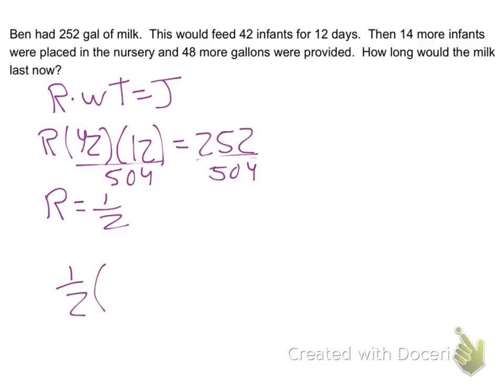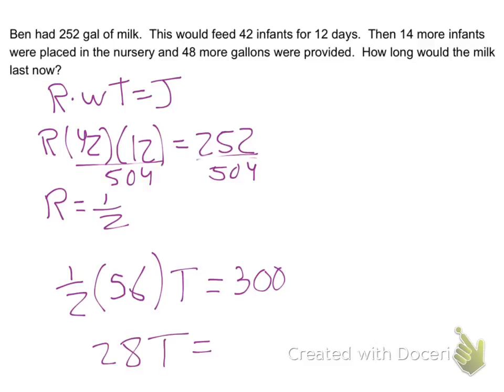How many more infants showed up? 14. So how many are now? 56. Do we know how many days? No, because they're asking us. 48 more gallons pushes us to 300. What's half of 56? 28. So divide 300 by 28. Just over 10 days, yes?